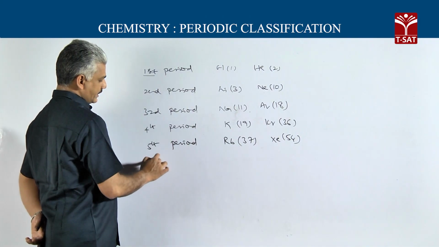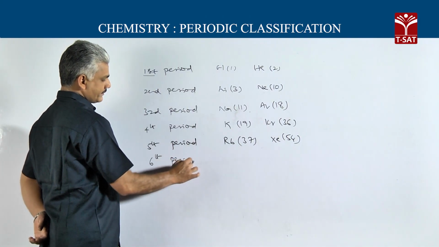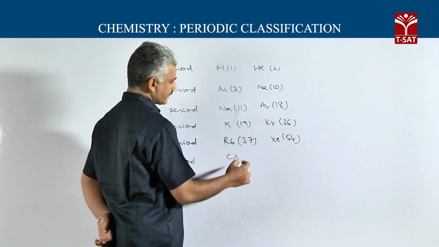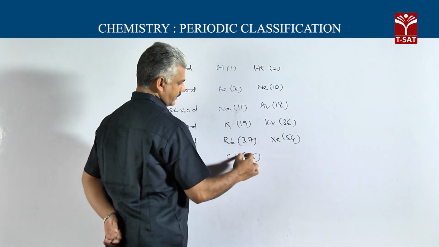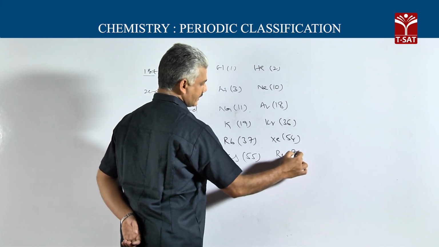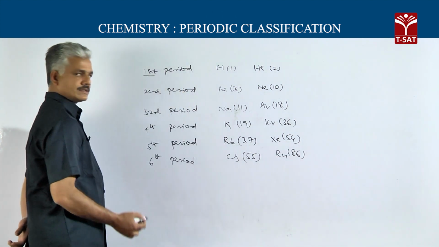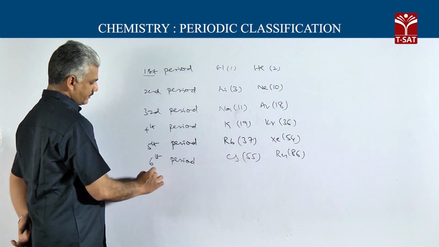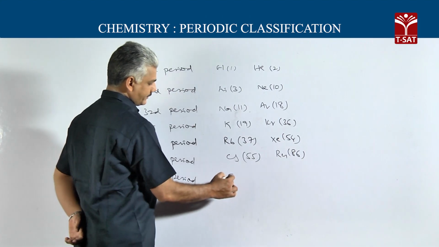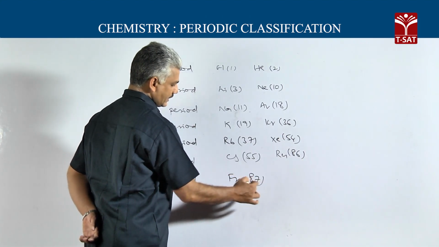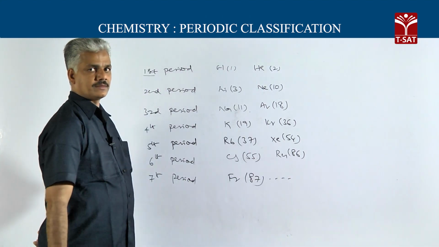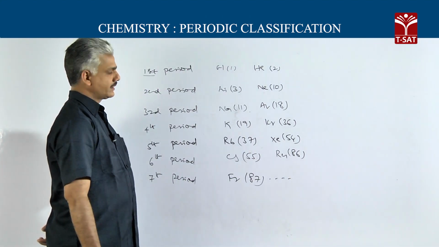In the sixth period, the starting element is cesium, atomic number 55, the ending element is radon with atomic number 86. The seventh period begins with francium, atomic number 87, and stops at atomic number 118.